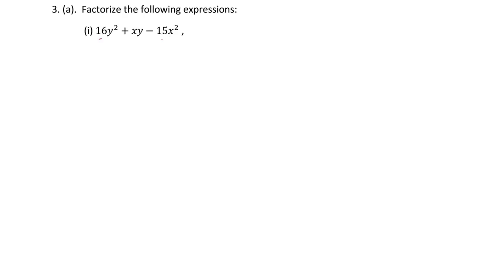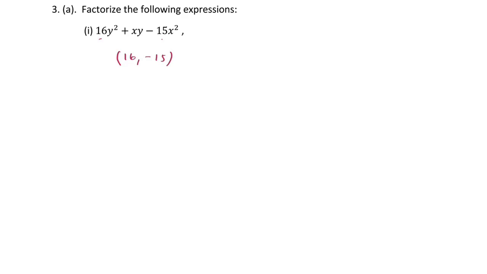And then we are going to look for the two factors from this product that can be added to give the coefficient of xy, which is just 1. Okay, so those two factors are 16 and negative 15. Then we are going to split the middle term by replacing these two factors.